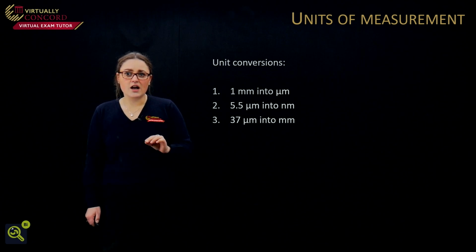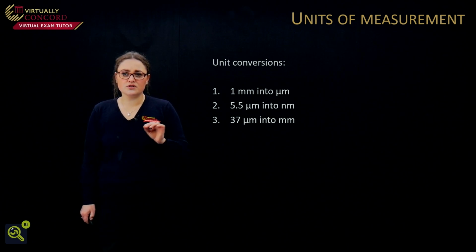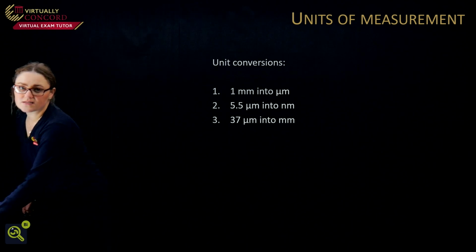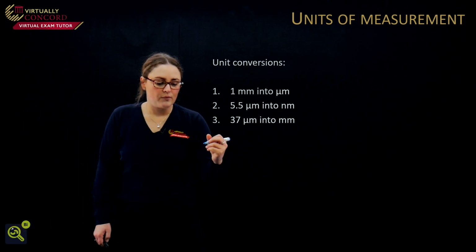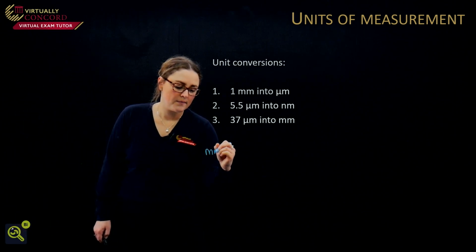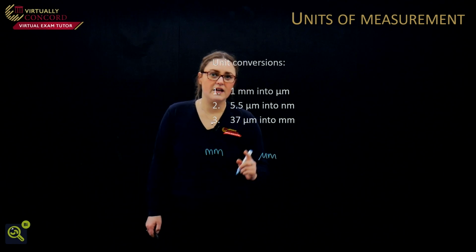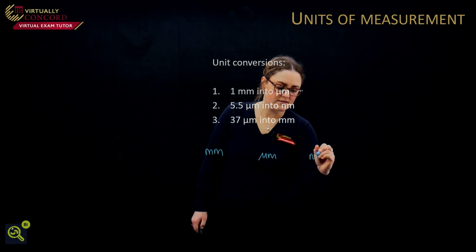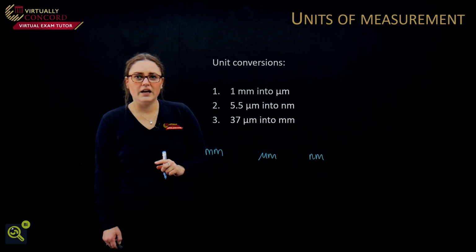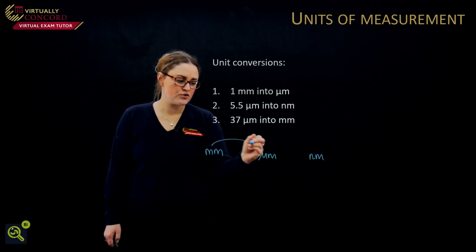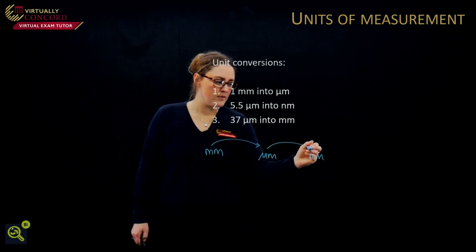Now, I have a handy diagram that I like to draw when it comes to doing these conversions, and that's where we're going to start. Okay, now if we are going from millimeters to micrometers and then over to nanometers, I like to draw this diagram with some arrows.